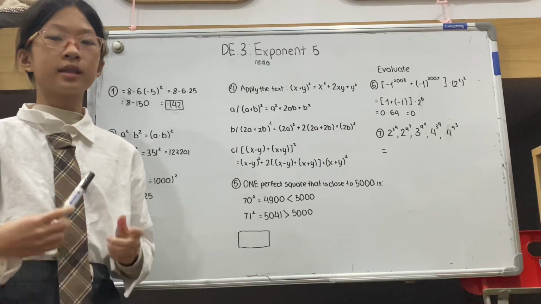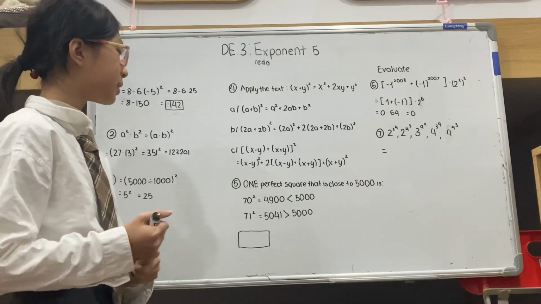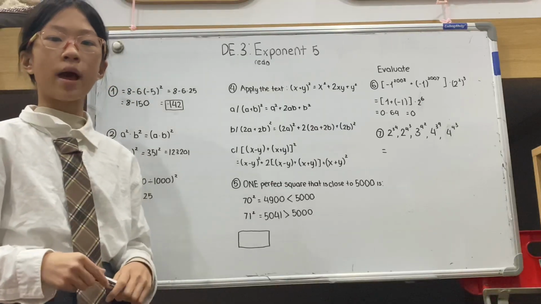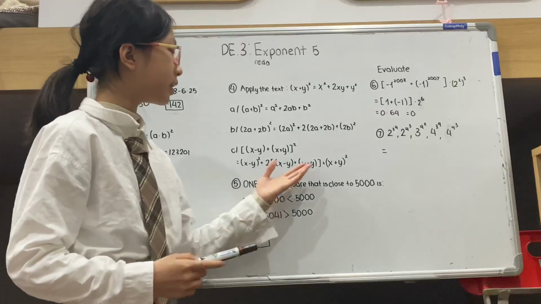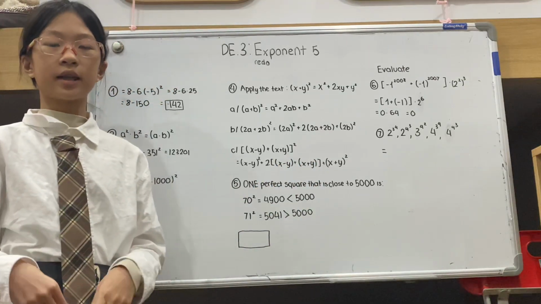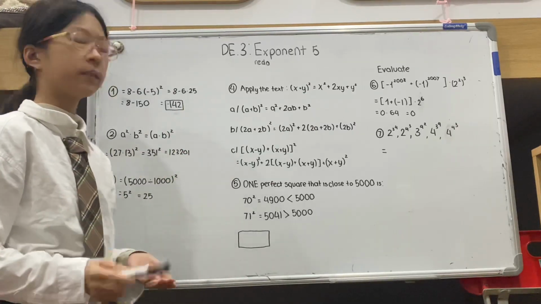I will just tell the answer from now on. Equals x minus y squared plus 2x minus y plus x plus y plus x plus y total square. I think that's the answer for C in question 4.